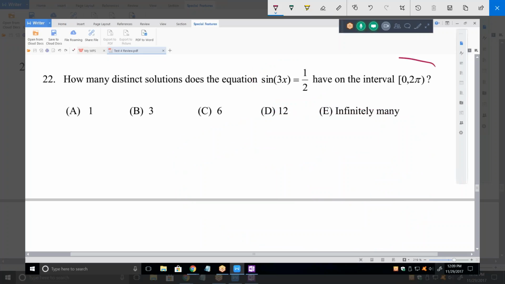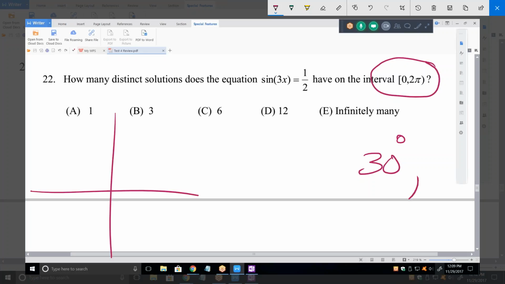So they want all of the answers in that interval. Well, we know 30 degrees is one. What's another one? Where else is the sine of an angle equal to 1/2? Your calculator doesn't tell you this because it's not the principal answer.